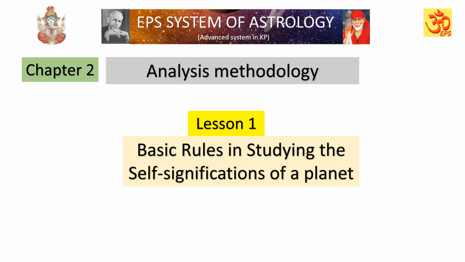Before going to the complete signification of a planet, that is, level to level study from planet to star lord to sublord significations, studying the self-signification of a planet is important. What are the basic rules we have to follow? We are going to learn from this lesson 1.